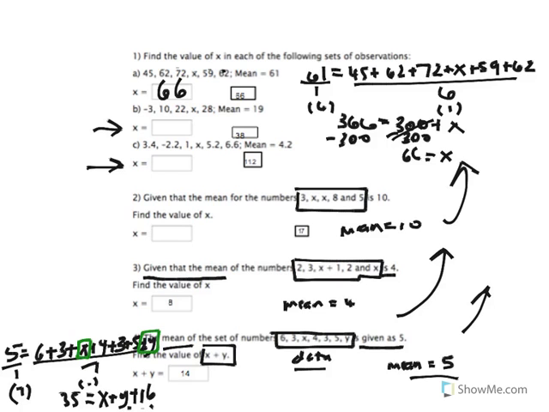So I get x and y by itself by subtracting 16 on each side. Oh wait, I forgot about this little 5 here. This is going to be plus 21. I subtract 21 from both sides, and I get x plus y equals 14. There we go.